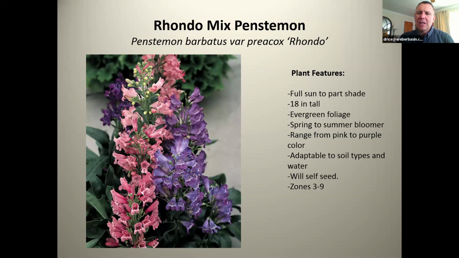Evergreen foliage, they do need to be deadheaded, but the foliage stays green. It's more like a base floret, and then you can just cut the flower stalks off. Over time, they actually develop kind of a woodier tissue to them as well. But these will self-seed a little bit, not aggressively, and I've liked to self-seed them because then I have more of them, and they don't seem to last forever.